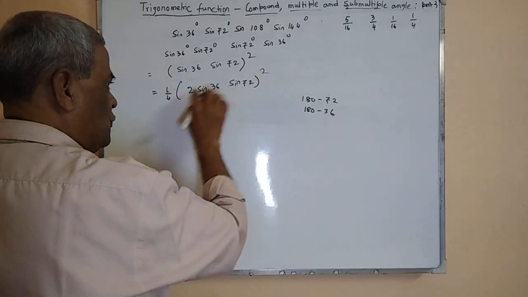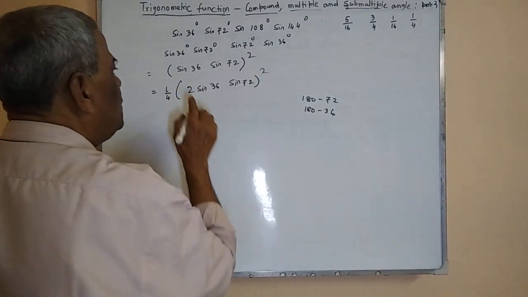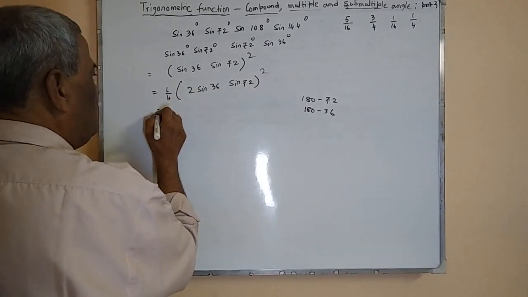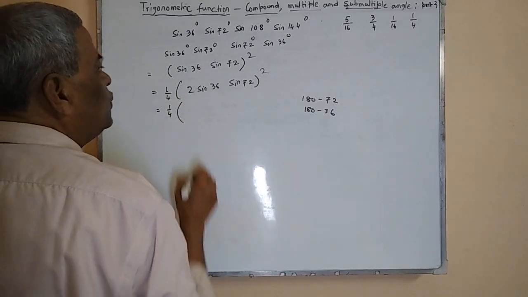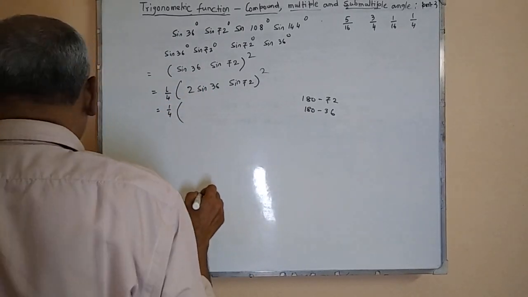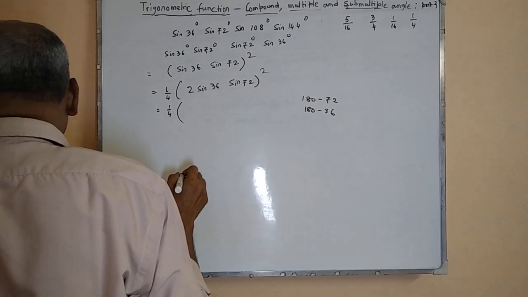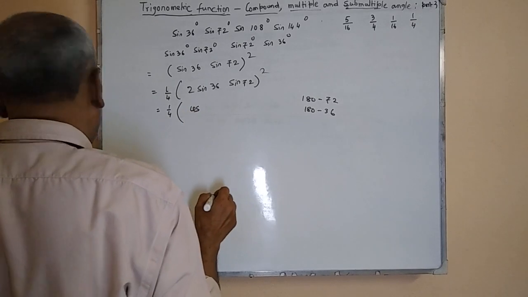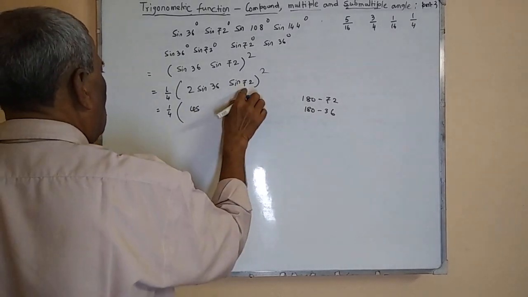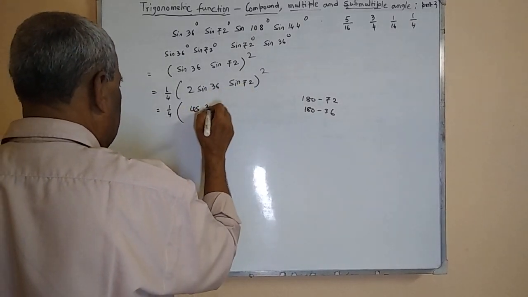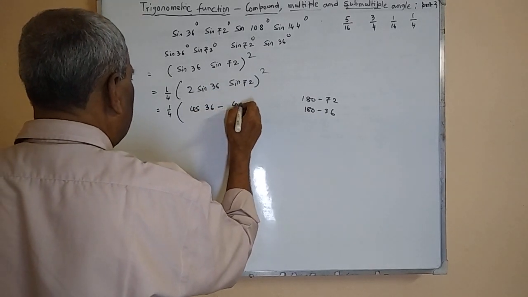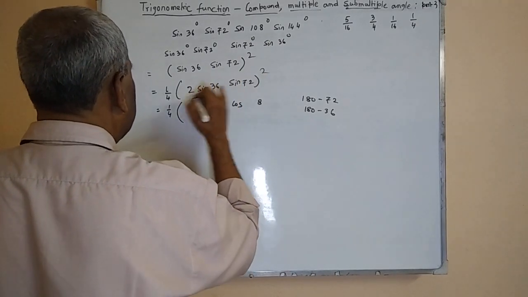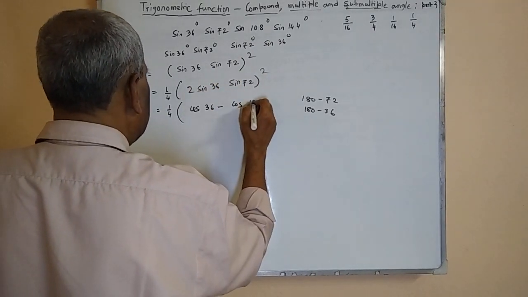The 4 balances, so I put here 2 because it will give us a formula, and that formula is 2 sine A sine B, which is actually equal to cos of A minus B minus cos of A plus B, whole square.